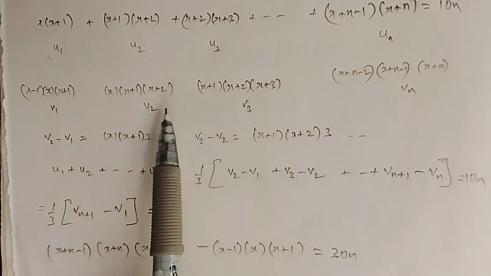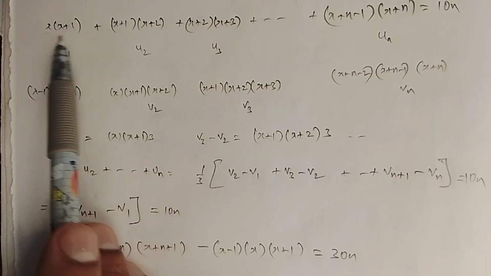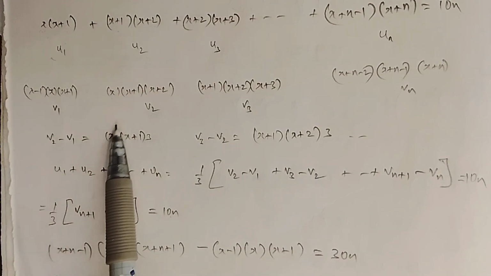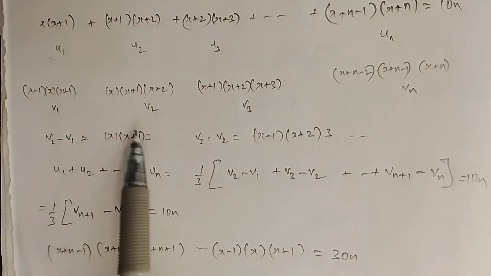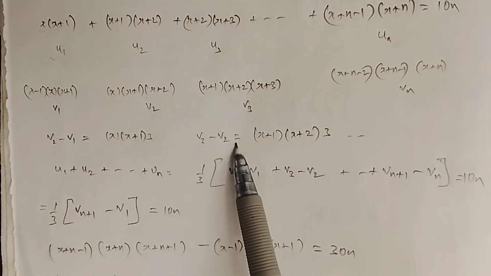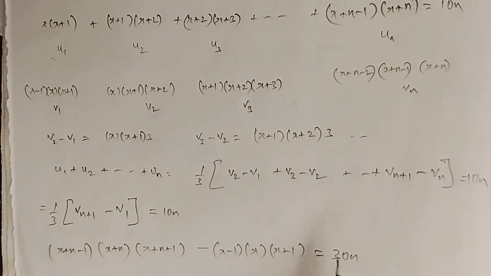Now we'll do the same thing like we did earlier. v2 minus v1 should be equal to some constant into u1, right? v2 minus v1 is x into x plus 1 times of x plus 2 minus x minus 1, which equals 3. Similarly, v3 minus v2 is u2 into, again the same constant, 3.